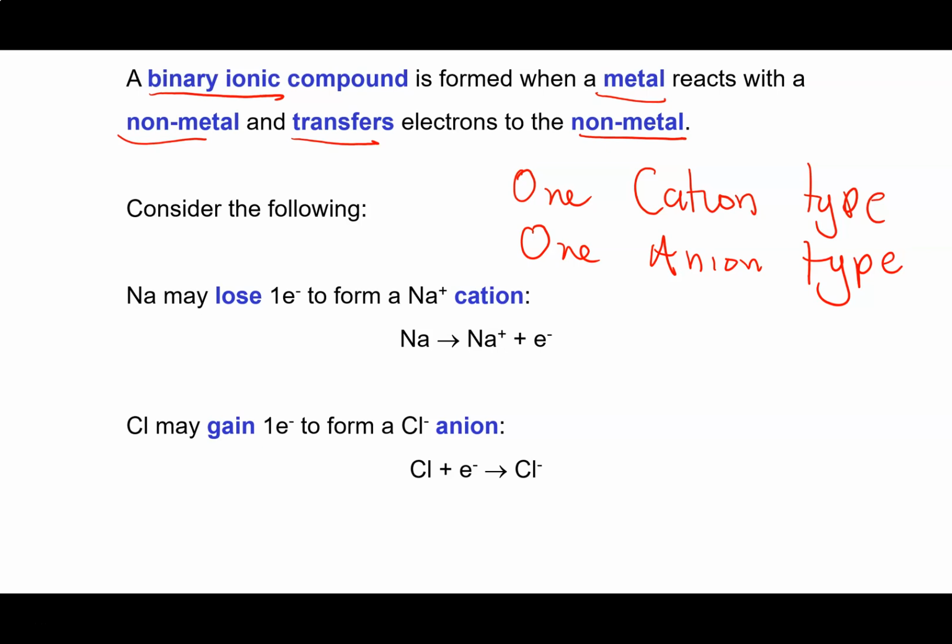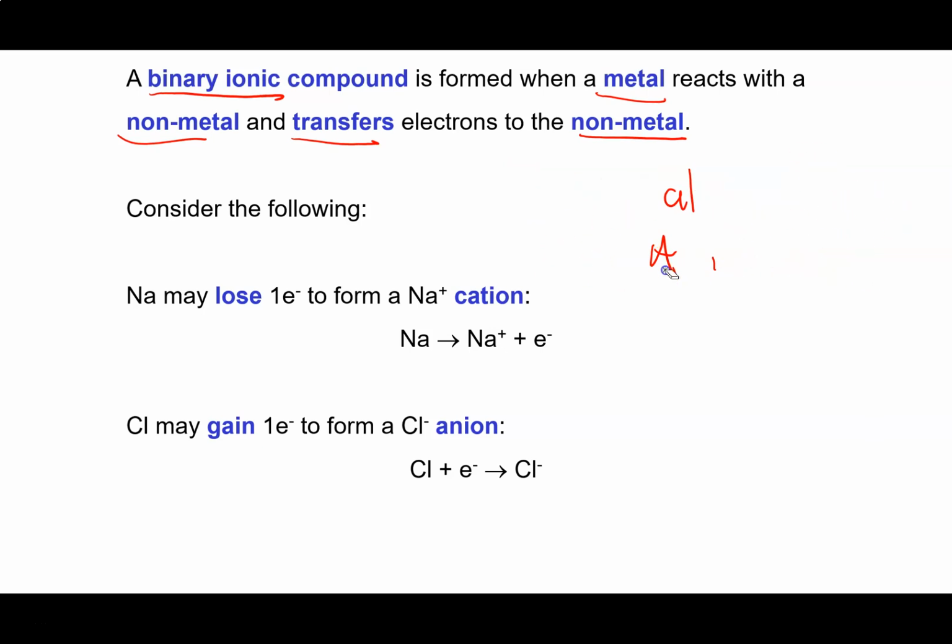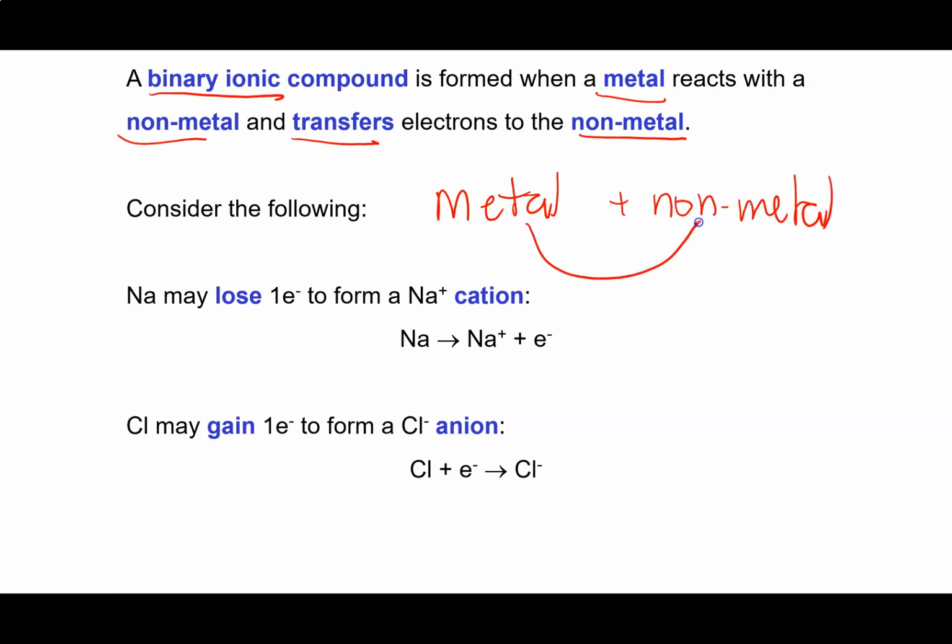So what's going to happen is there's a transfer of electrons from the metal to the nonmetal. We're going to have a metal come near a nonmetal, and instead of sharing electrons, electrons are going to move from the metal to the nonmetal.